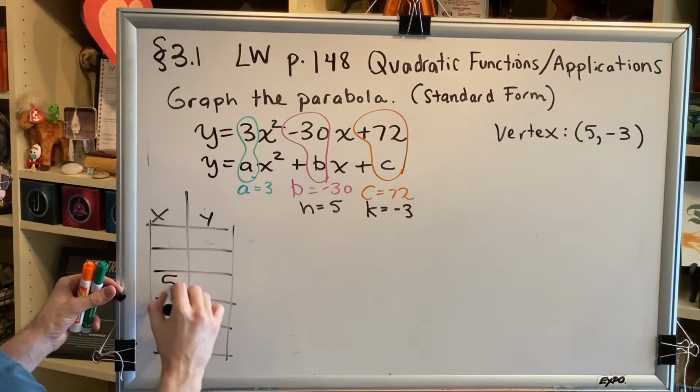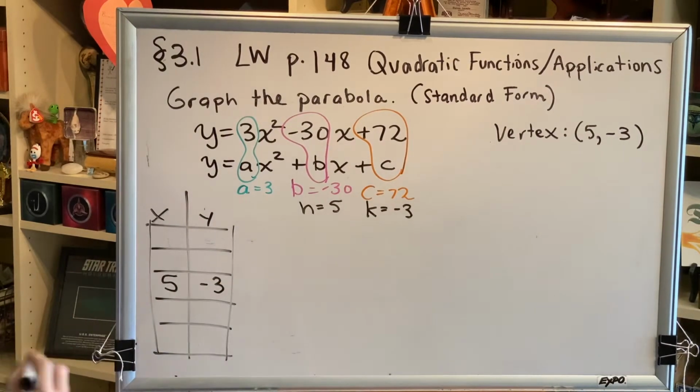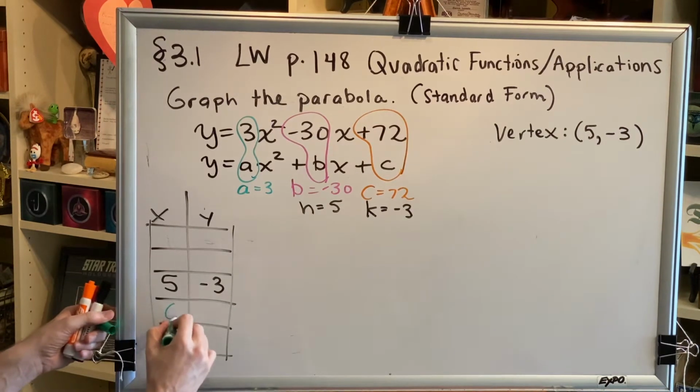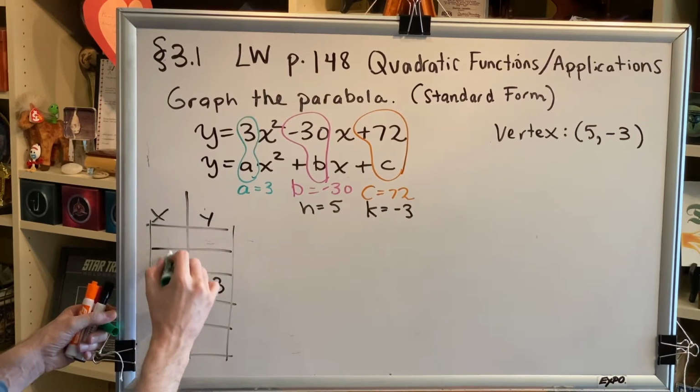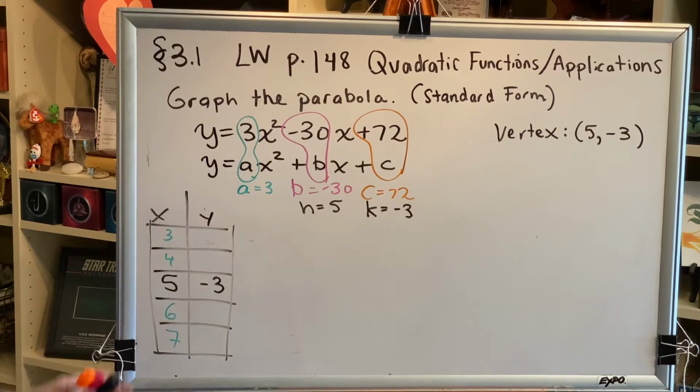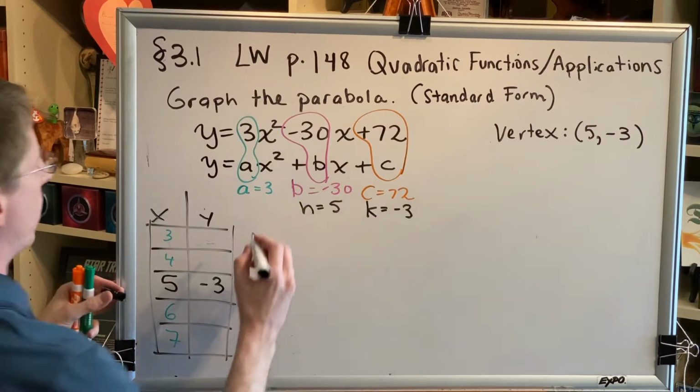Our vertex is 5, negative 3. So, based on that, what are the other x values that we should use? Up by 1, down by 1, down by 1. Our x's will go from 3 to 7. Now we plug in each x one at a time.